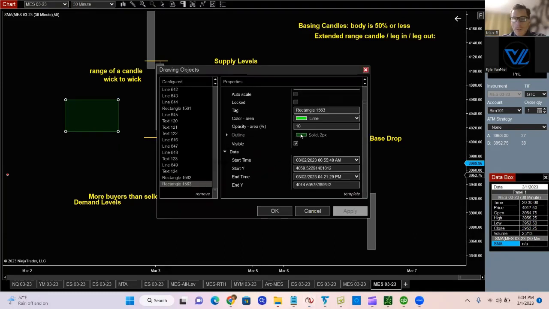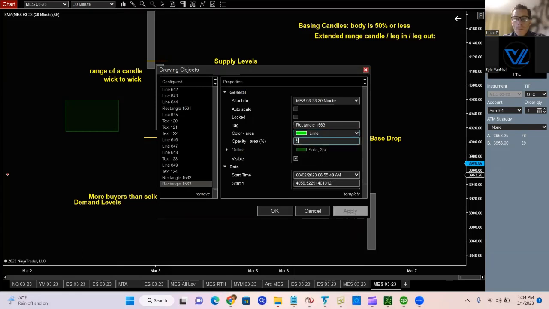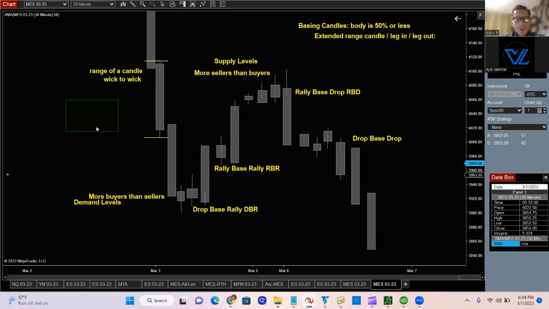There are a few ways you can draw your zones. You can take the whole range from the lowest wick of any basing candle to the highest wick of any basing candle. That's how you're going to determine your level.